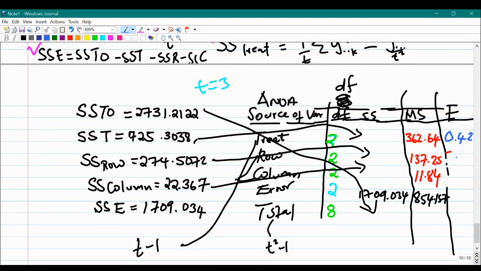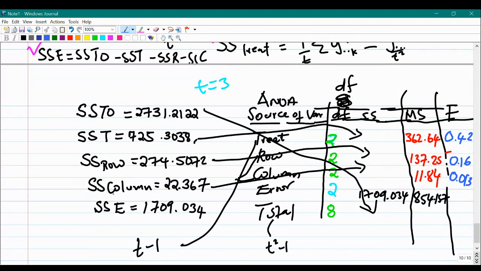The row. 0.161. The last one? I think this one will be 0.0. I'll check if the figures are correct. 0.013.